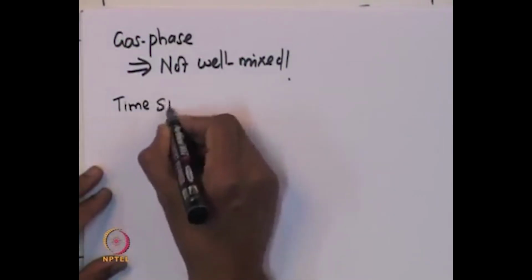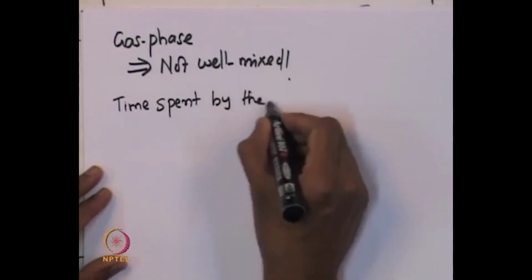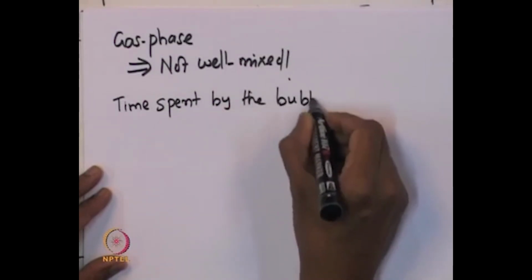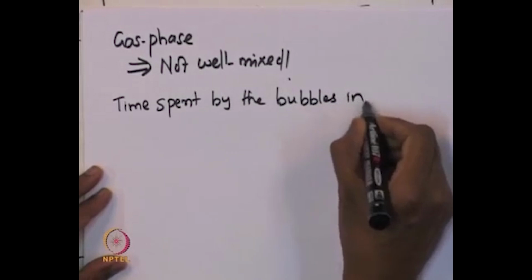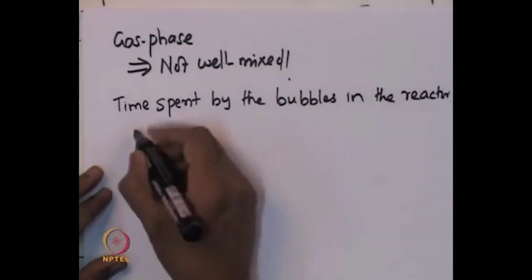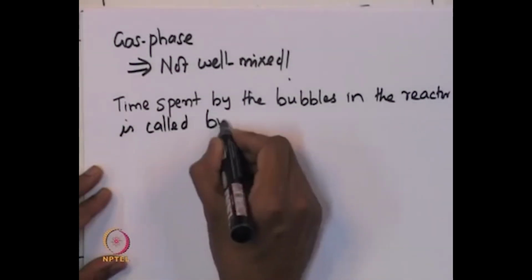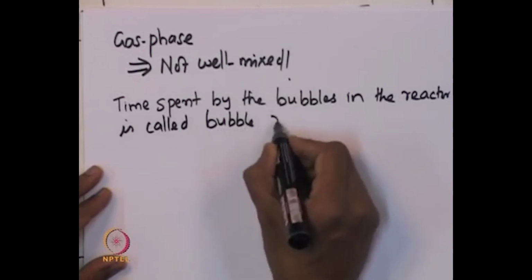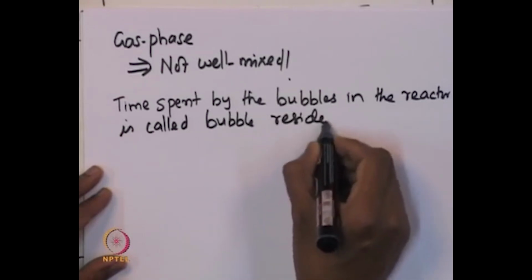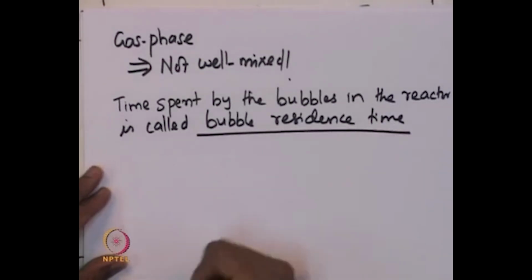Just to define, the time spent by the bubbles in the reactor is called the bubble residence time.